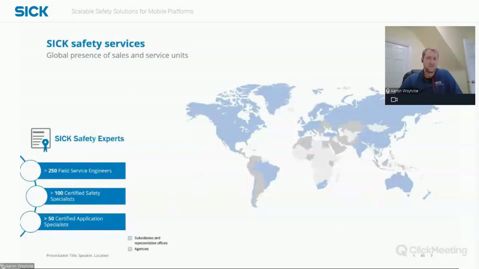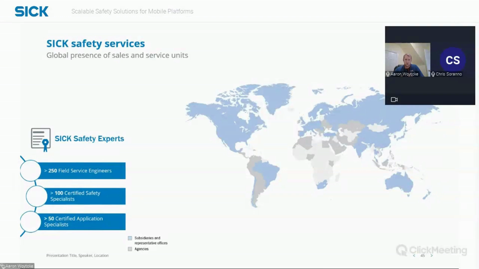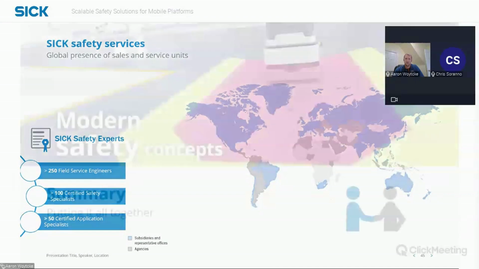And specific to the SICK safety services, there are over 250 field service engineers, over 100 certified safety specialists, and over 50 certified application specialists globally to assist in providing the most effective, scalable safety offering for your application. This is all based on local laws and local regulations.